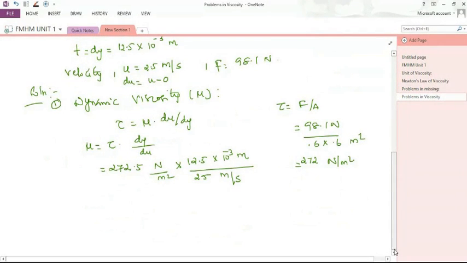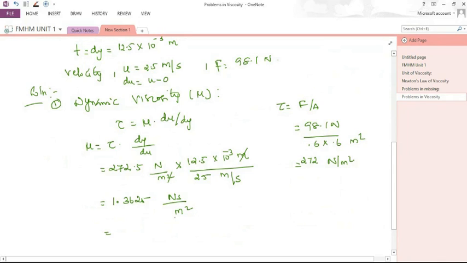Please go for the simplification here. If you simplify this, you get the answer around 1.3625. Meter cancels, and the rest will be Newton second per meter square.